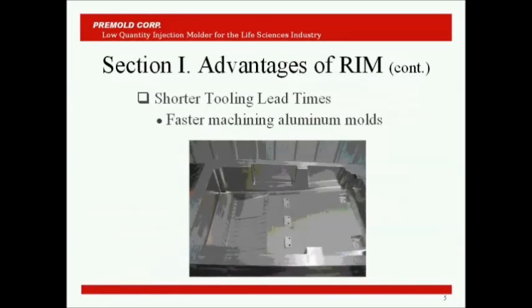A third advantage of the RIM process is short tooling lead times. Because RIM production tools are made of basic aluminum materials, the CNC machining process is faster. Therefore, designers can meet aggressive project schedules. This results in new projects being brought to market more quickly.